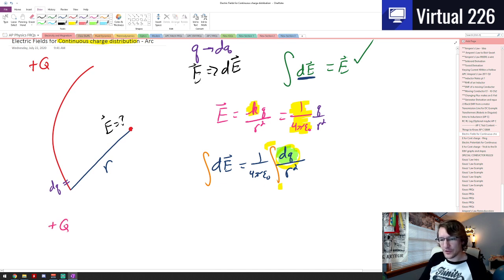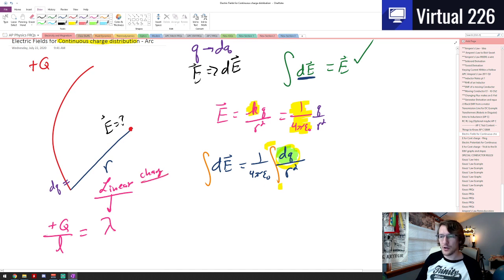If we say plus q over the length, this is equal to some charge density. Because it's a line of charge, yes, a curved line, but a line nonetheless, this is a linear charge density, lambda. So it's some amount of charge per length.